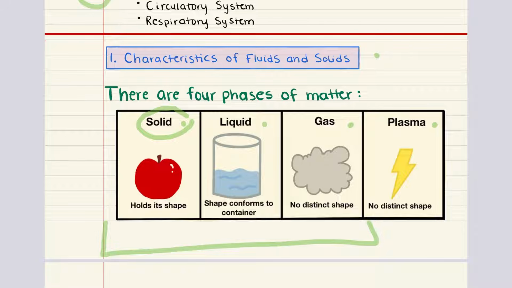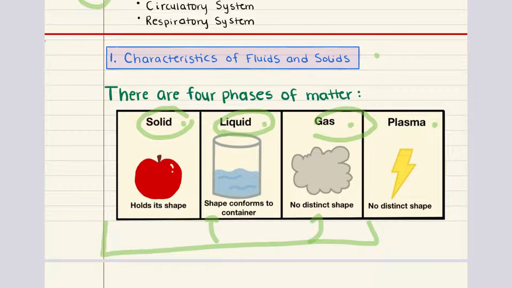On the other hand, fluids do not have a fixed shape. Fluids include both liquid and gas, and they conform to the shape of their containers. Now, the key difference between the two is that while liquids have a definite volume and are incompressible, gases can be compressed and they will expand to fill the volume of their container.